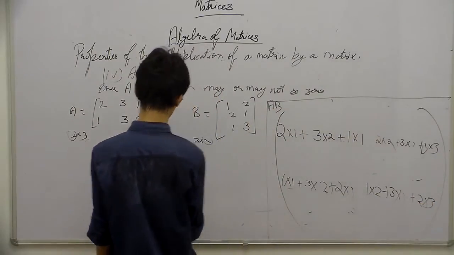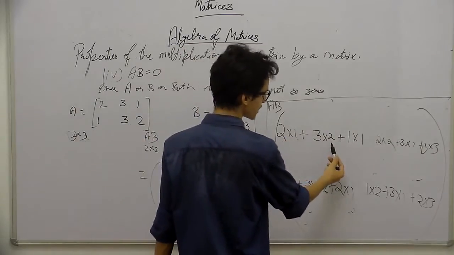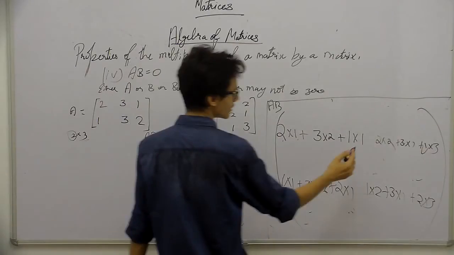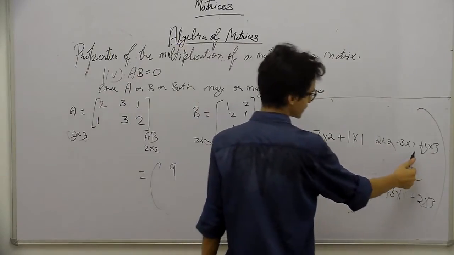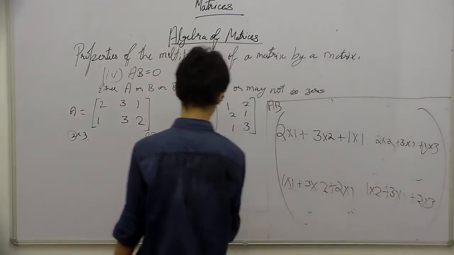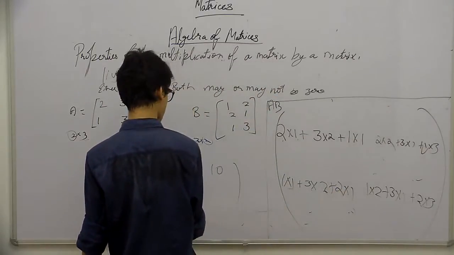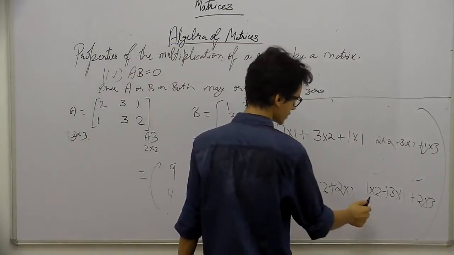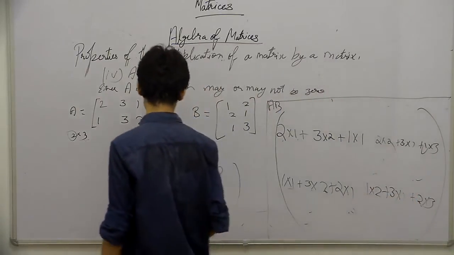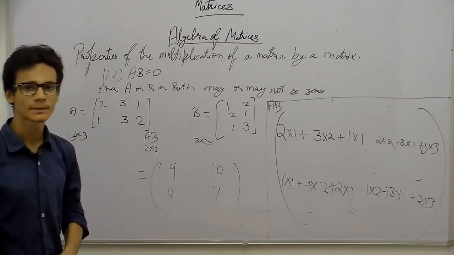So 2 times 1 is 2, plus 3 times 2 is 6, plus 1 times 1 is 1, which is equal to 9. Then 4 plus 3 plus 3 is 10. 1 plus 6 plus 2 is 9, and 2 plus 3 plus 6 is 11. So this is the multiplication of A with B. That's how we multiply two matrices.